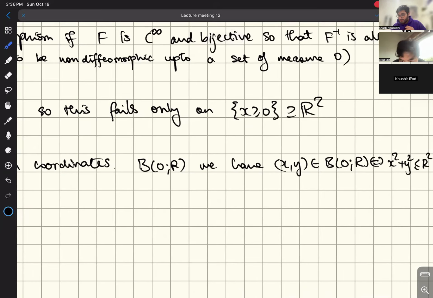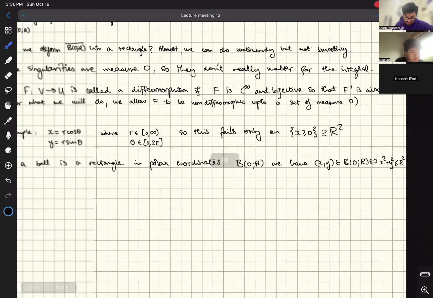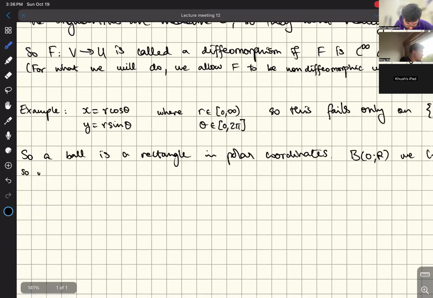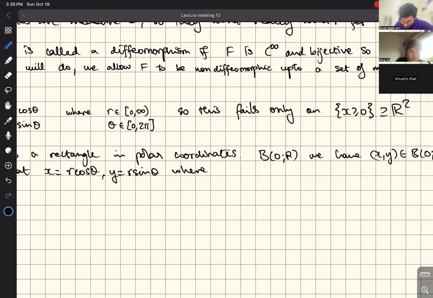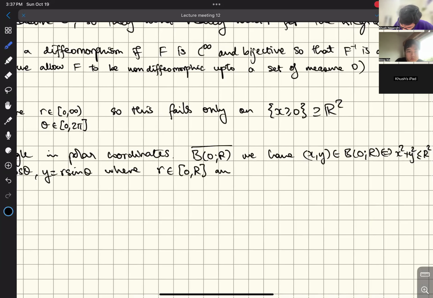This is the equation of a circle; they're concentric circles, right? So we have x equals r cosine theta, y equals r sine theta, where r comes from 0 to capital R, and theta comes from 0 to 2 pi. Again, we allow measure zero sets.